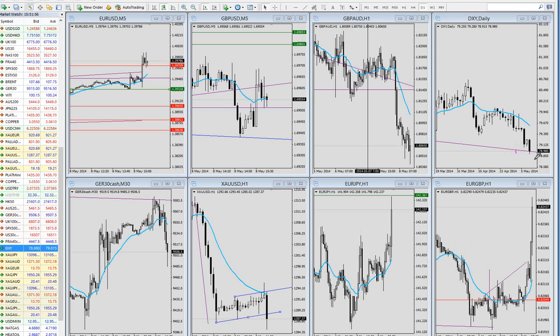So that's the important level for dollar index right now. So still 39.70, it's important euro dollar. Pound, I would like to see lower level here, below 50.